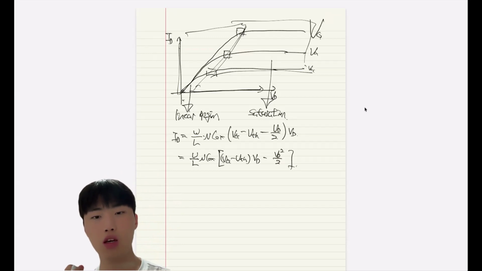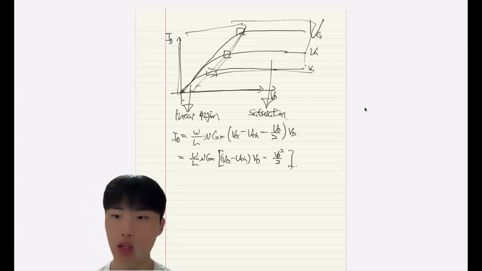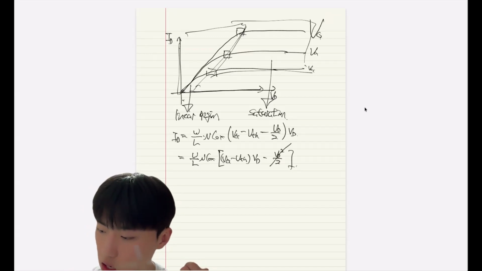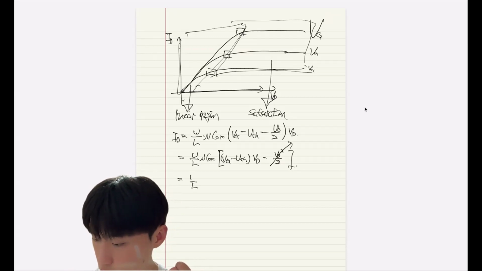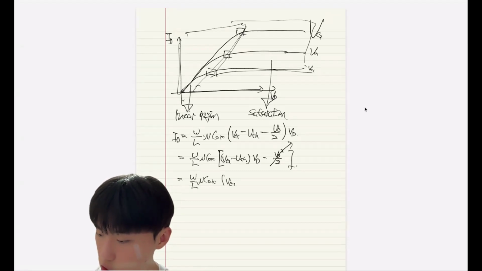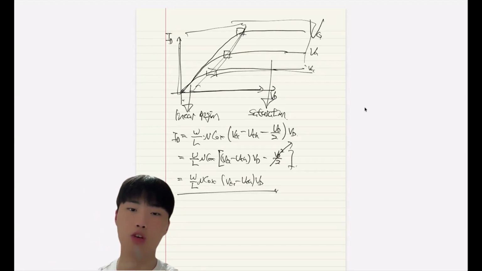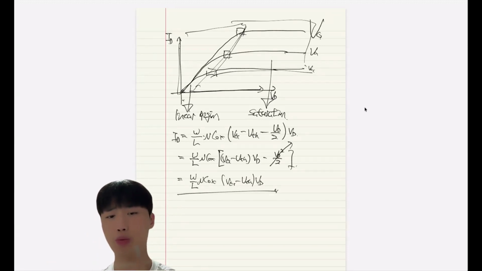But when the Vd is very low, it has a very small value, so we can neglect this part. So we can finally say W over L mu C ox, Vg minus Vth, Vd. And this will be the formula of the linear region current.